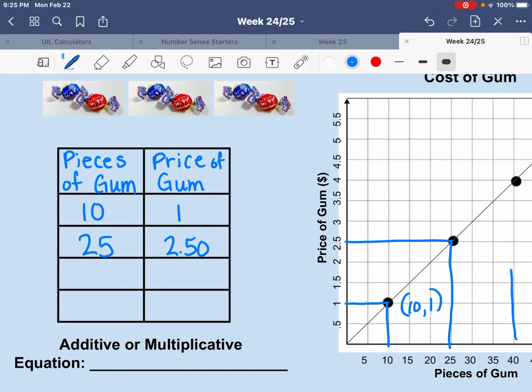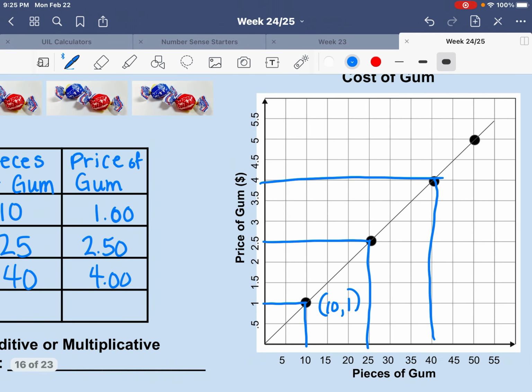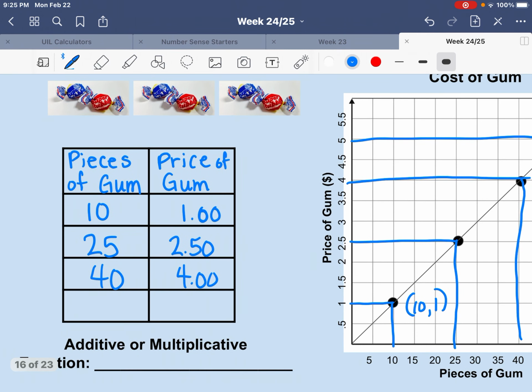If you buy 40 pieces of gum, it costs $4. And then, of course, on the end of the table there, if you buy 50 pieces of gum, it costs $5.